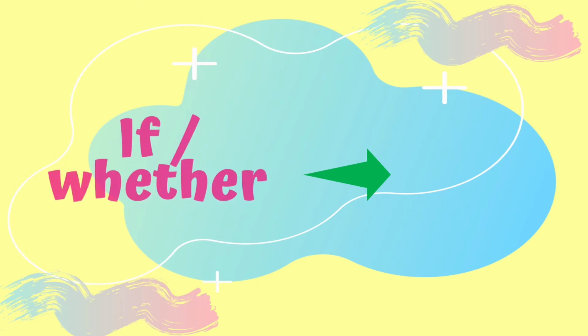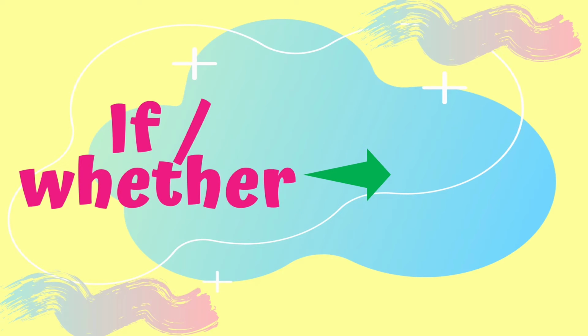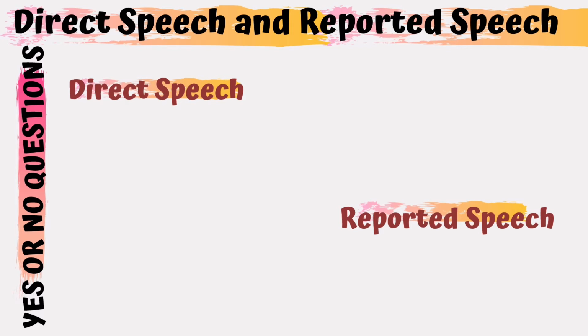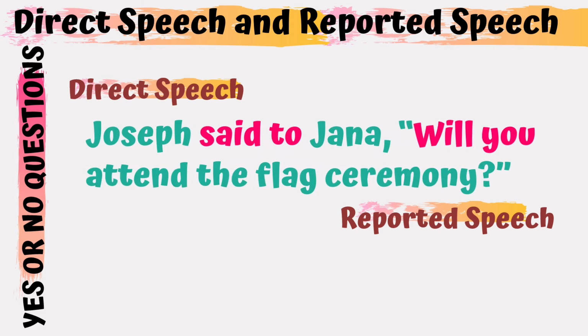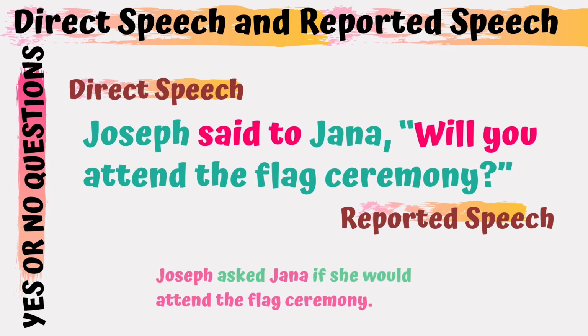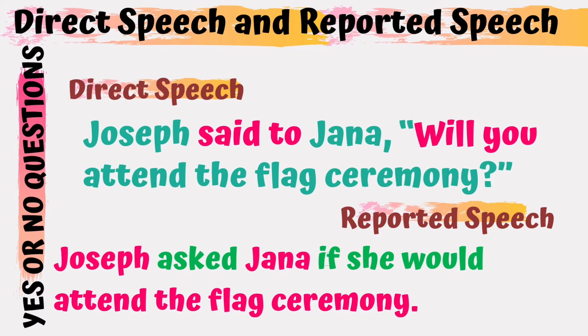For yes or no questions, if or whether is used in place of that. Example: Joseph said to Jana, will you attend the flag ceremony? Instead of using that in connecting the reported clause and reporting clause, we use the word if or whether. So it will be, Joseph asked Jana if she would attend the flag ceremony.